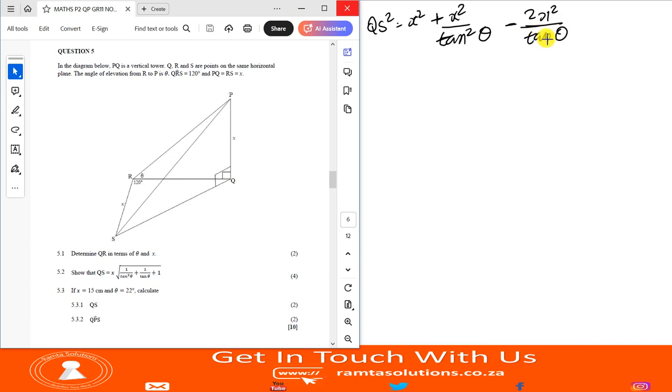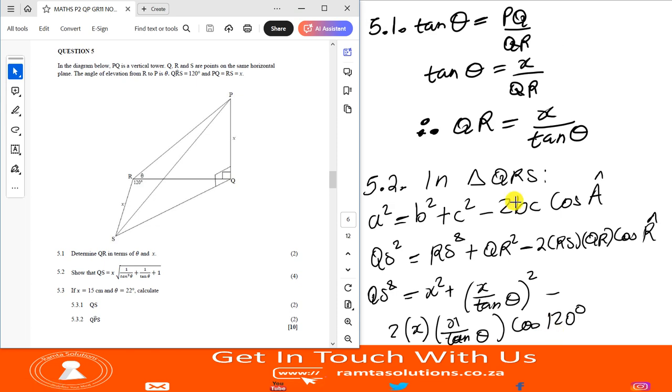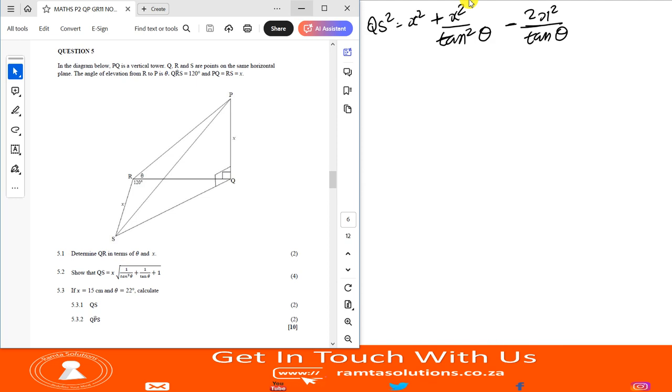But we need to be careful. This is 120 degrees. We can write it as an acute angle. Cos 120 is in the second quadrant. So 180 minus 120 is 60. So this is 180 degrees minus 60 degrees.